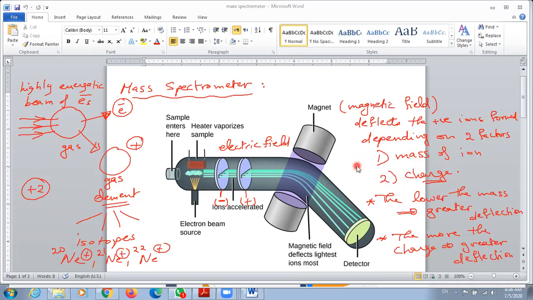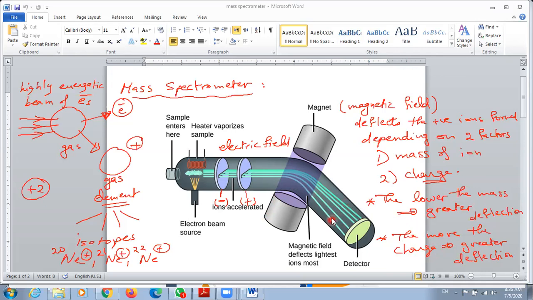Now here, as we said, if we have different isotopes that are going to pass through the magnetic field, then they are going to be separated depending on their mass and depending on their charge. The lower mass, of course, is going to be deflected more than the higher or greater mass. And the greater the charge, also, the more it is going to be deflected than the lower charge.